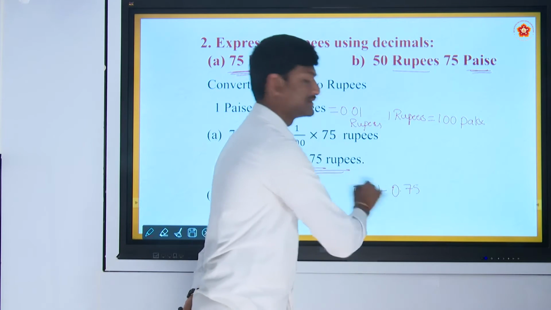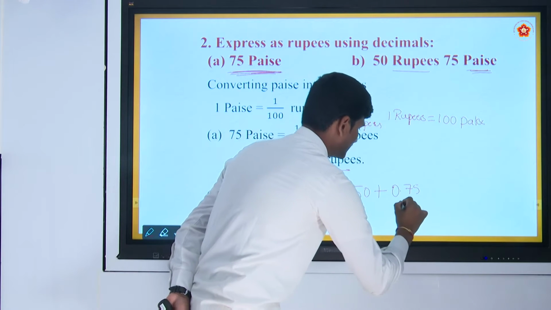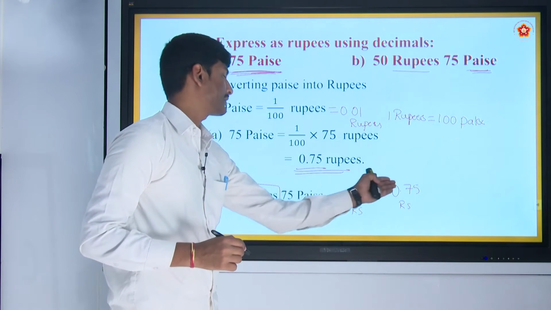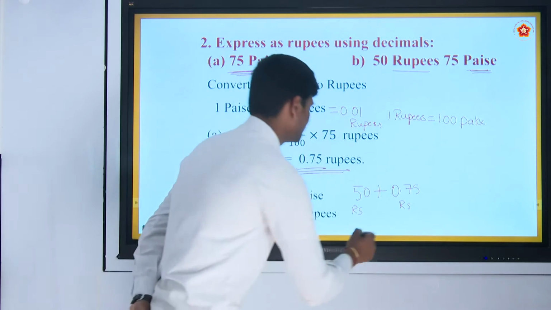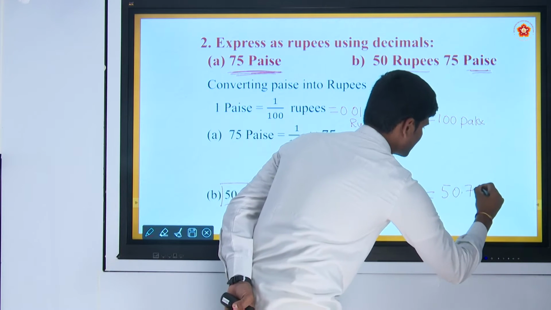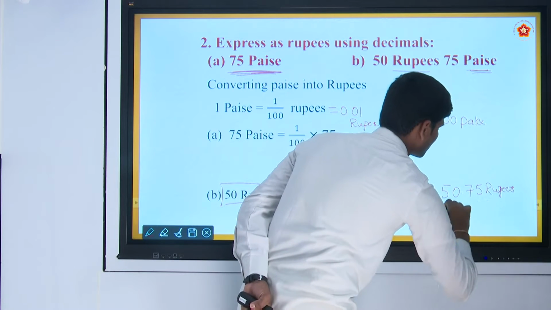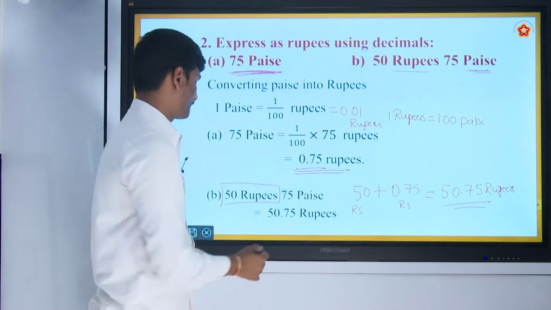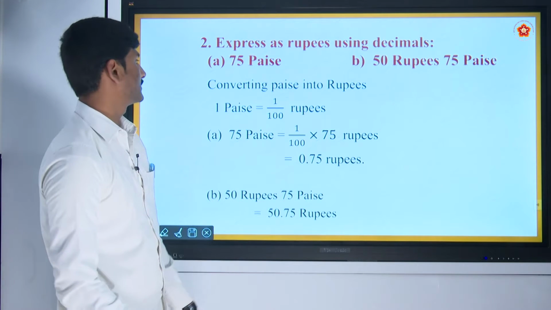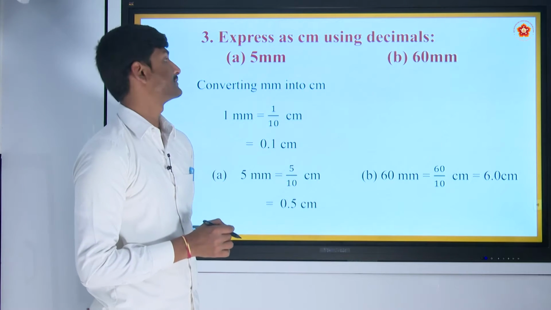Then 50 rupees is the whole number part. So 50 rupees plus 75 paise, we convert paise into rupees. Both are rupees, 50 rupees and 0.75 rupees. Adding these two numbers, the answer we get is 50.75 rupees. Understood?